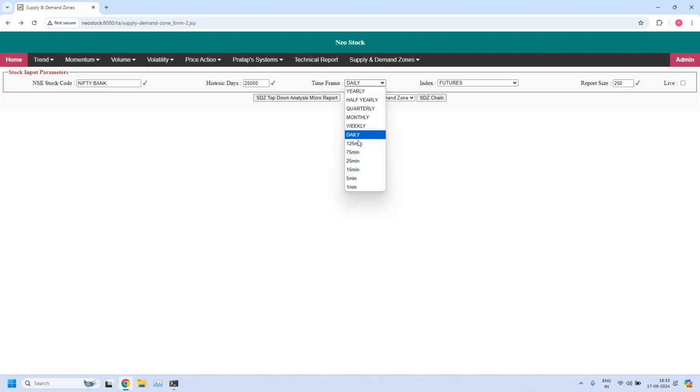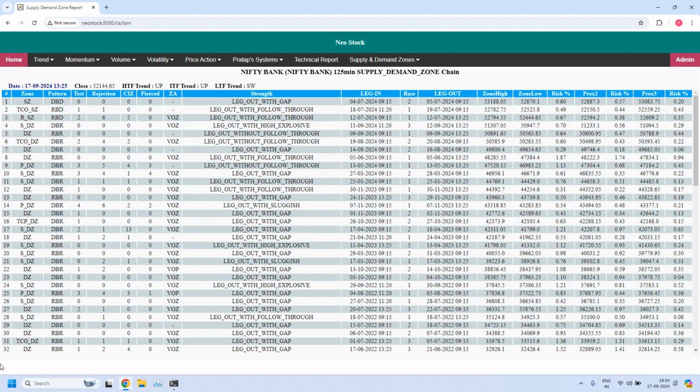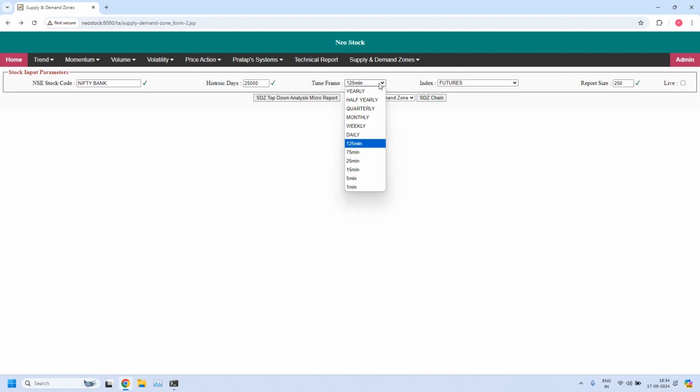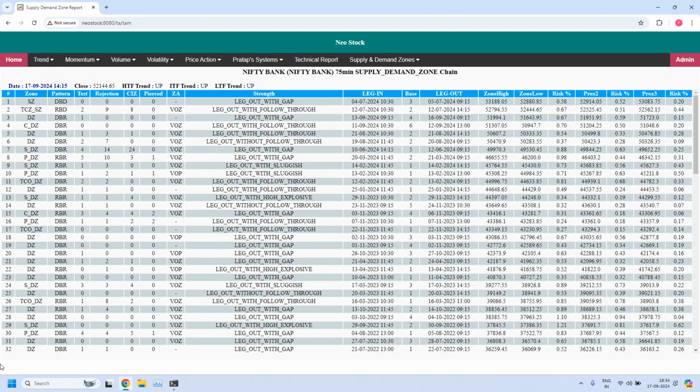Next time frame is 125 minutes. I am generating 125 minutes supply demand zone chain for BANKNIFTY. Next time frame is 75 minutes. I am generating 75 minutes supply demand zone chain for BANKNIFTY.